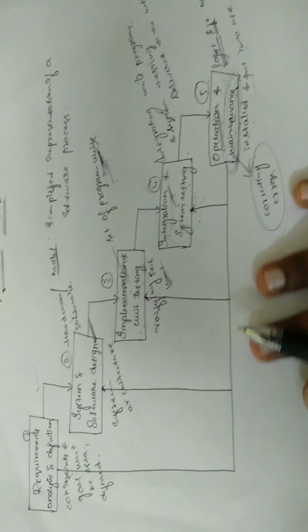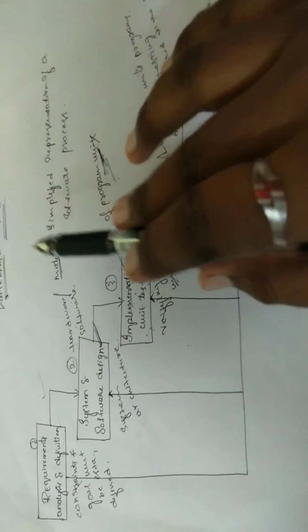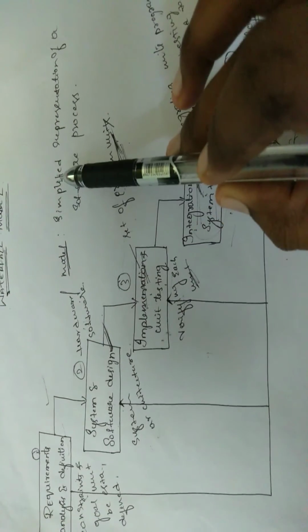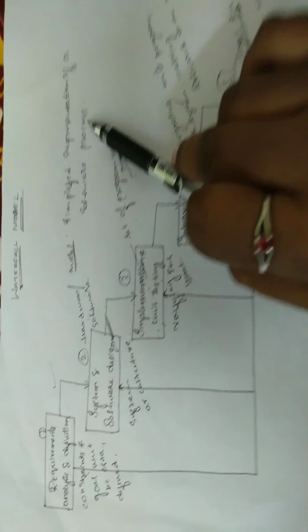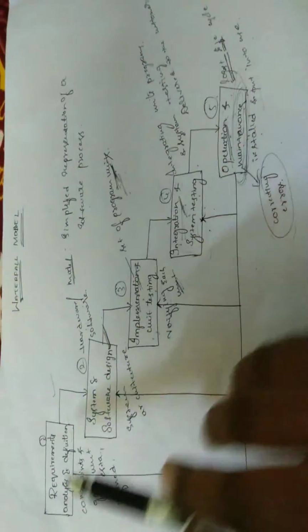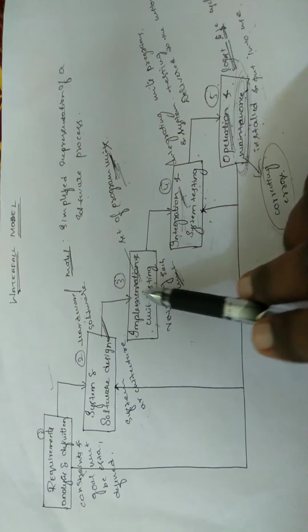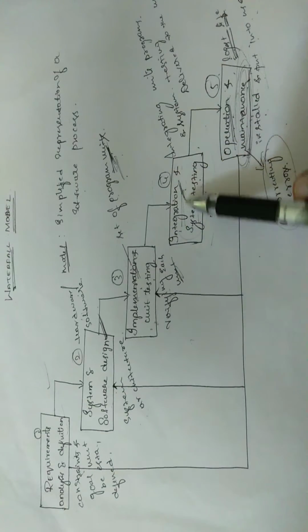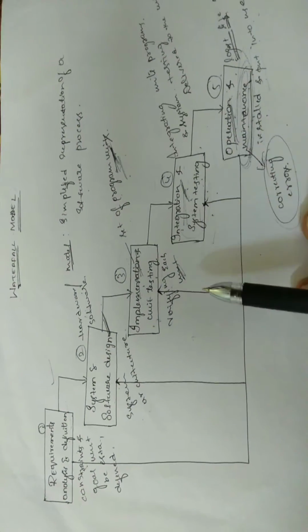Once again I will say everything. Waterfall model: a model is nothing but a simplified representation of a software process. There are 5 stages in the waterfall model: requirements analysis and definition, system and software design, implementation and unit testing, integration and system testing, operation and maintenance.